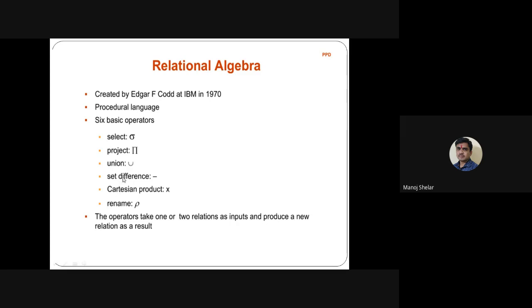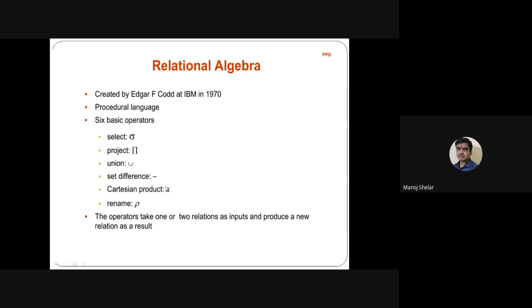Set difference means minus. In a normal database you use select name from student 1 minus keyword select name from student 2. It's a normal set operator operation, but in relational algebra we use this minus notation for the set difference purpose.